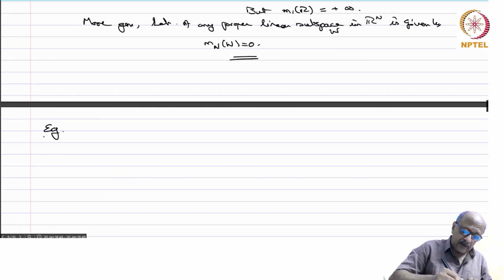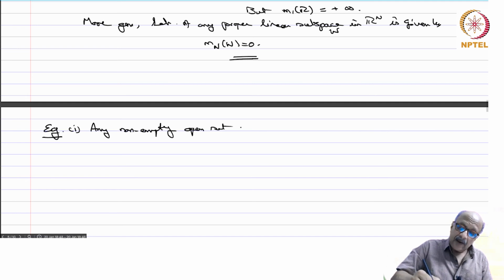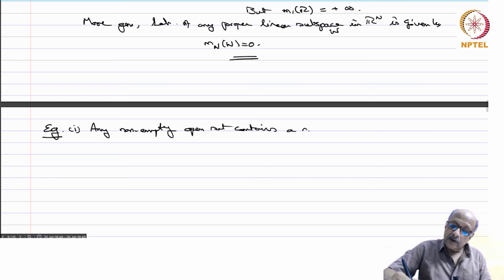Now here's another example where there are several little things which we will observe. Any non-empty open set contains a non-empty interval.